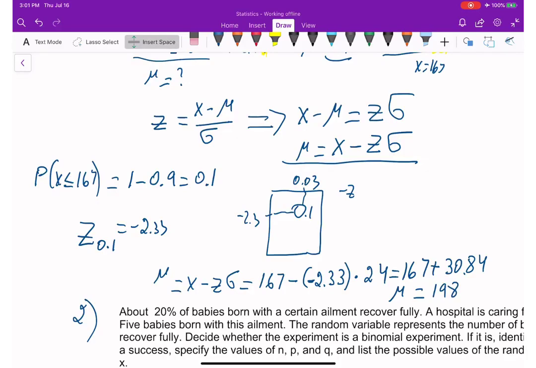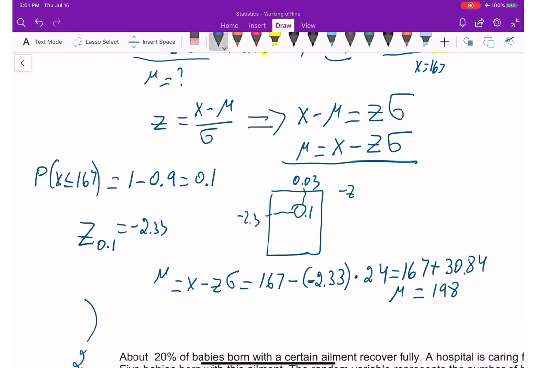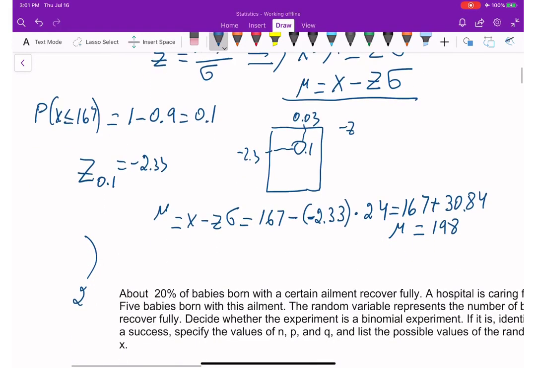Okay, let me move a little bit down, this is getting too crowded. So mu is equal to 198. Okay, we solved the problem. We needed to find mu. Next one.